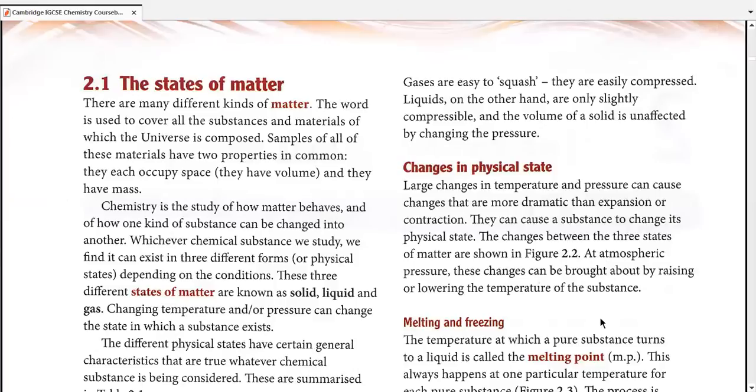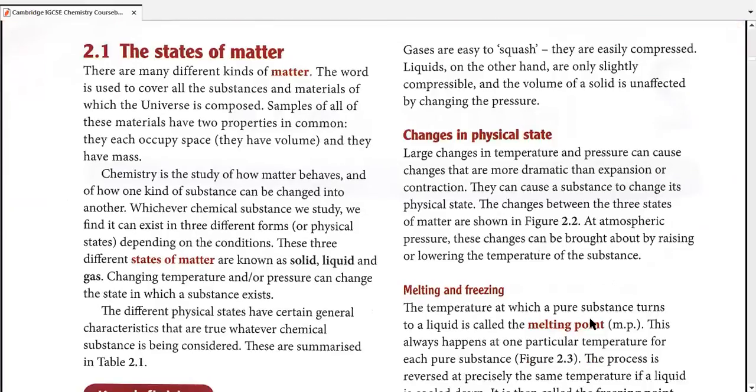I was just repeating the lines because we have studied these lines in our previous classes. Now, changes in physical state. Large changes in temperature and pressure can cause more dramatic changes than expansion and contraction. Now, this may cause a substance to change its physical state, which means we can always convert anything from solid to liquid or liquid to gas or from gas back to liquid or from liquid back to solid, which we are actually doing on daily basis.